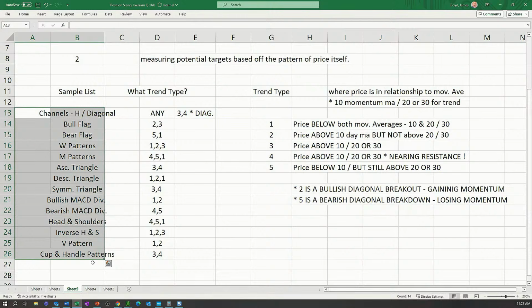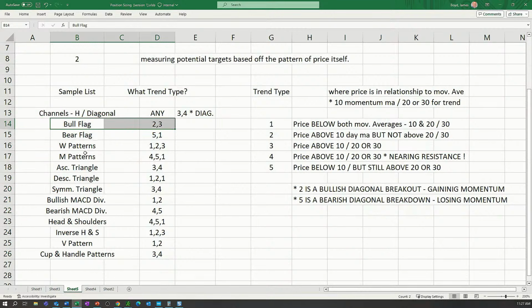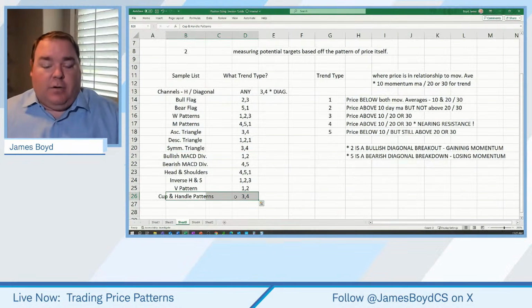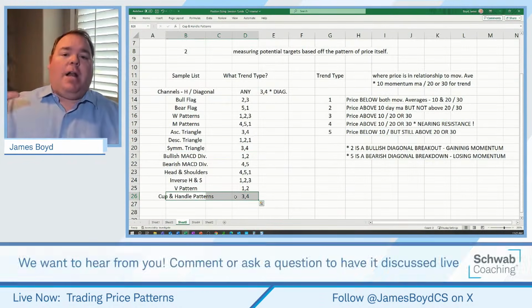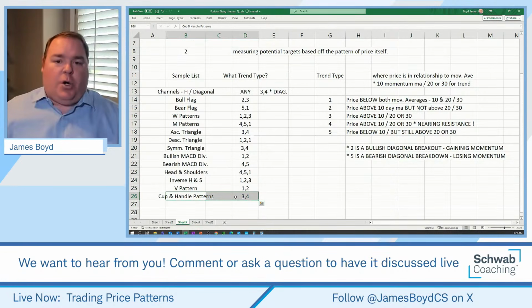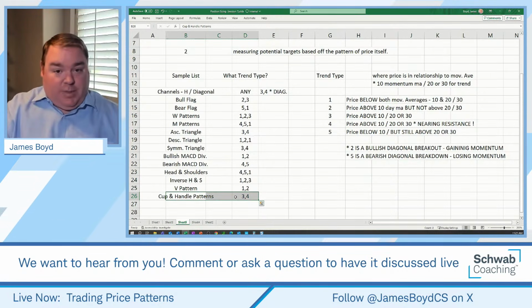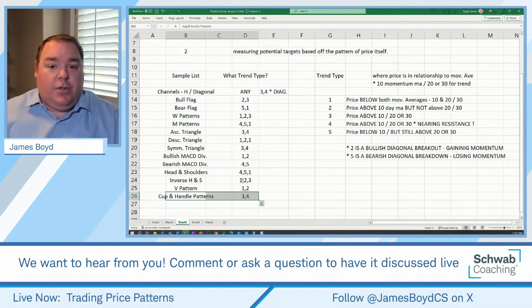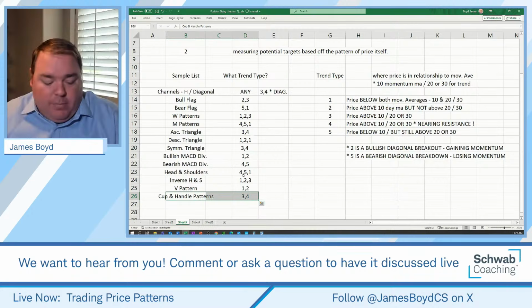If I'm looking at a market or a sector that's in trend 3, then I'm probably going to see a lot of bull flags, ascending triangles, symmetricals, and, for example, cup and handle continuation patterns. I want to know where I'm going to see it, so when I do see it, I can have some confidence to trade that, and it's not surprising.